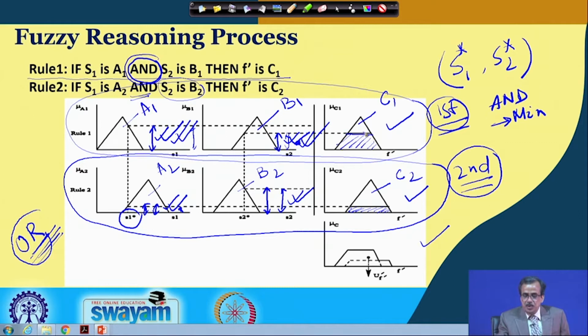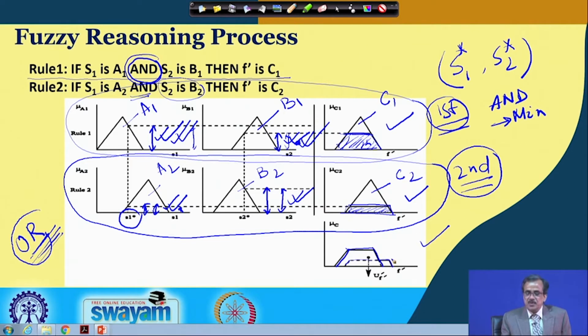So, what we do is we superimpose this particular shaded portion and this particular shaded portion and we try to find out the maximum. For example, this particular thing I have copied it here and this particular shaded area I have copied it here.